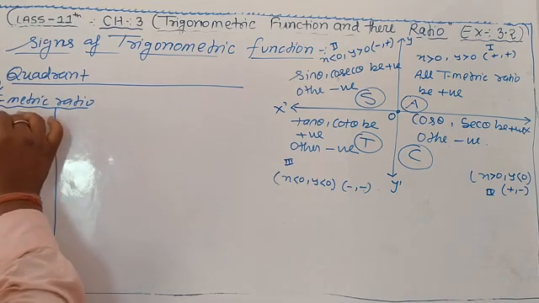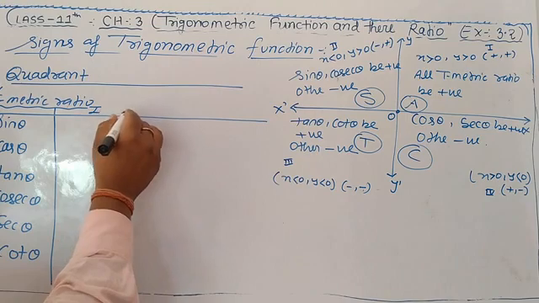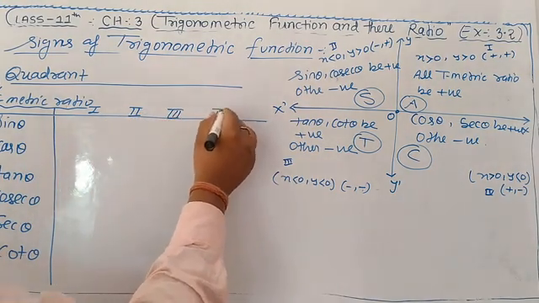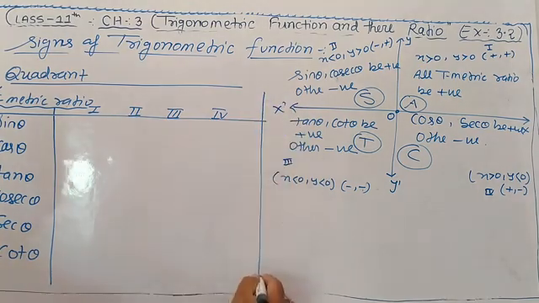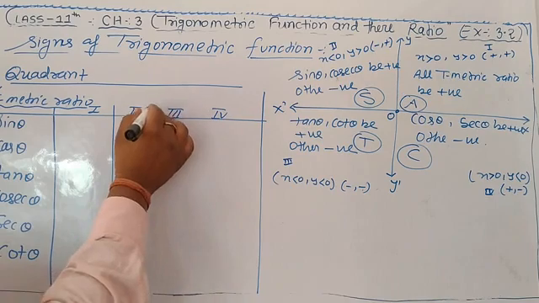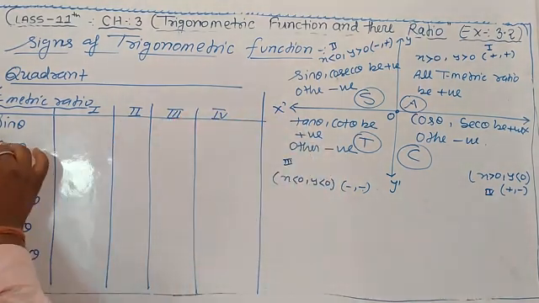And these are the quadrants: first quadrant, second quadrant, third and fourth. In the Cartesian plane we define them.